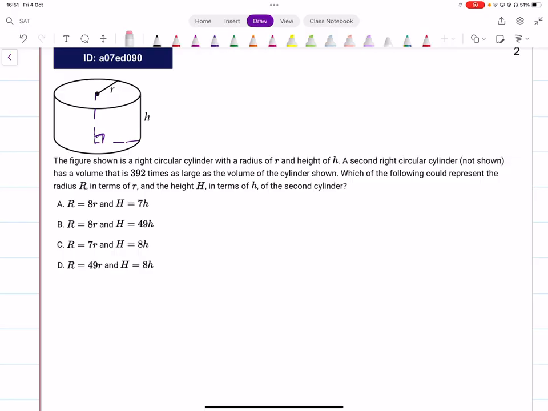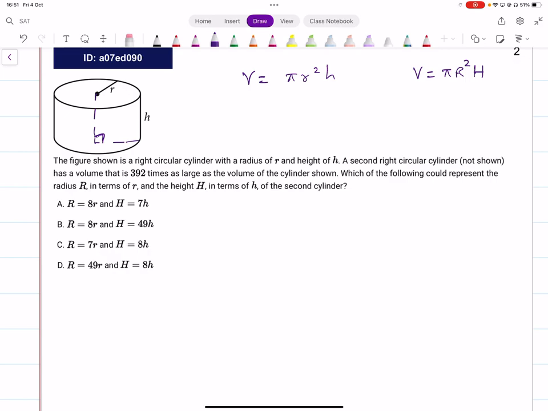Now, what's the volume of the first cylinder? What's the cylinder's volume? Pi r square h. And it's the same for the other one. V equals pi r square h. Do we treat these as similar figures, by the way?